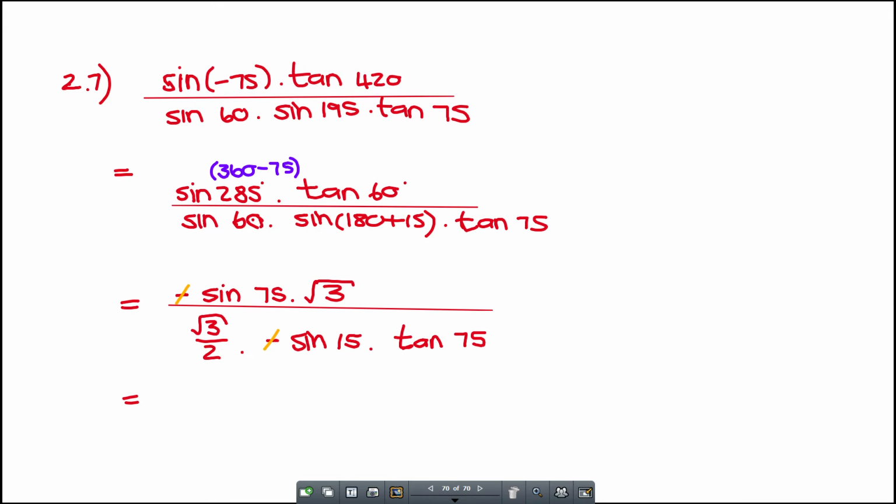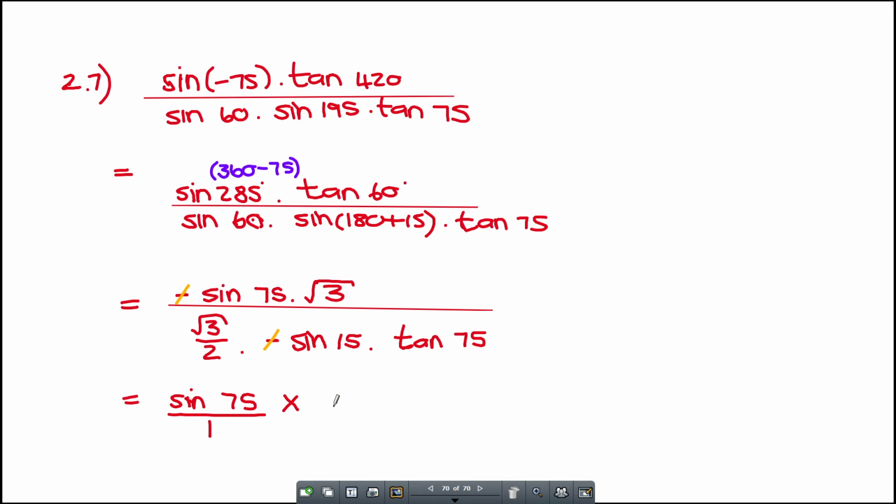Okay, nou gaan ek gou vir jou sê, sin 75, dit was mos eintlik gedeel deur daai daaronder, but now I'm going to make it times, so it's actually like this, and then these must switch around, nee?